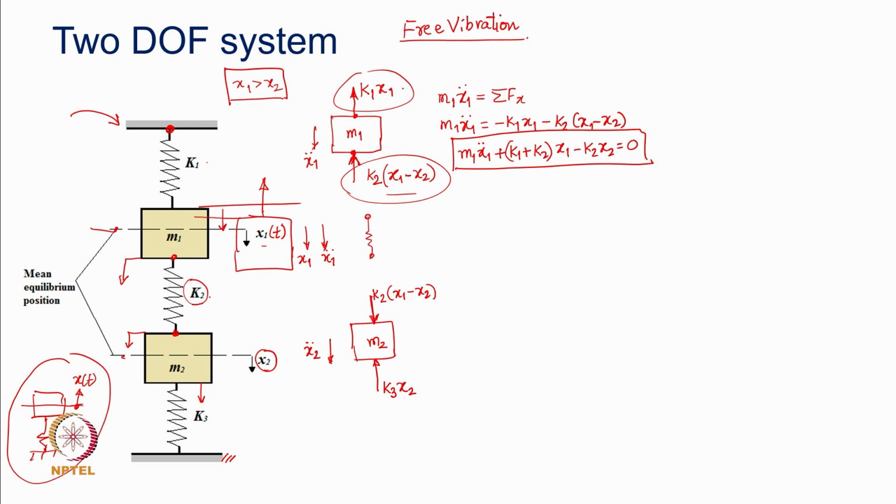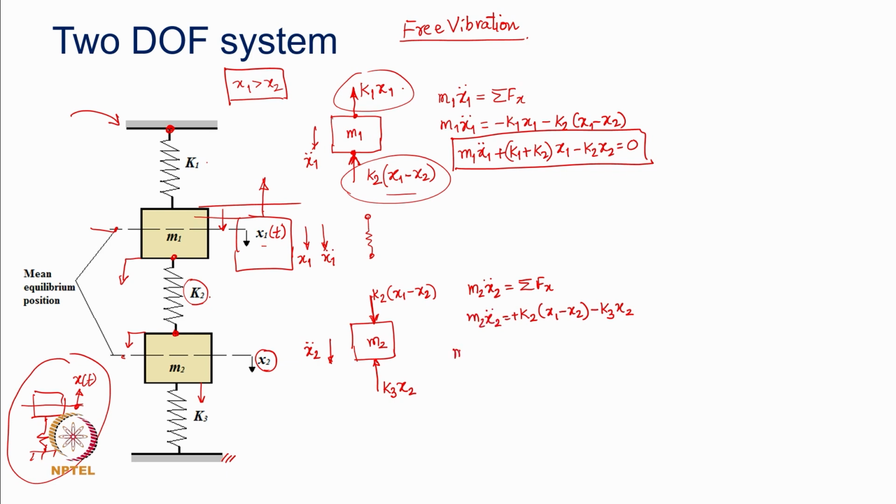Okay. Now, having done this, you can again simply apply Newton's second law, and then I can write m2 x2 double dot equal to Fx, which itself is now going to be k2 (x1 minus x2), which is in the direction of acceleration. So, that would be positive, whereas k3 into x2 is opposite to the acceleration, and I would write it as I have written here.